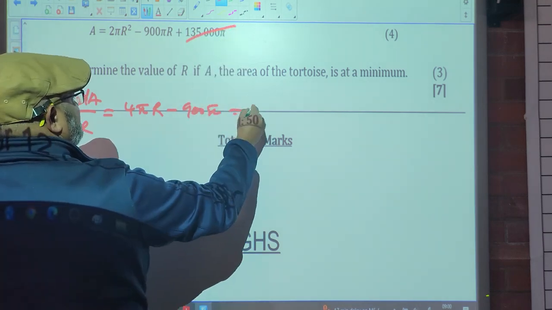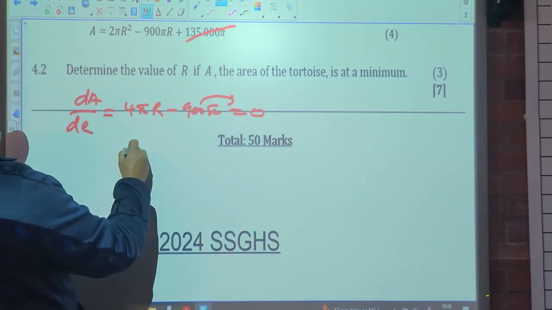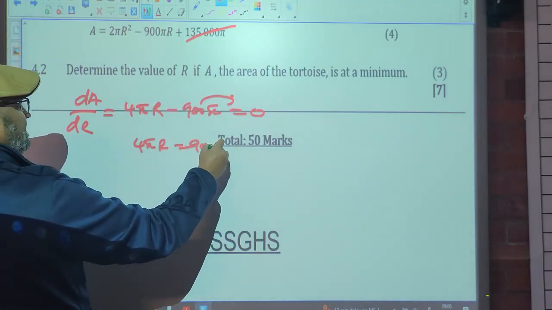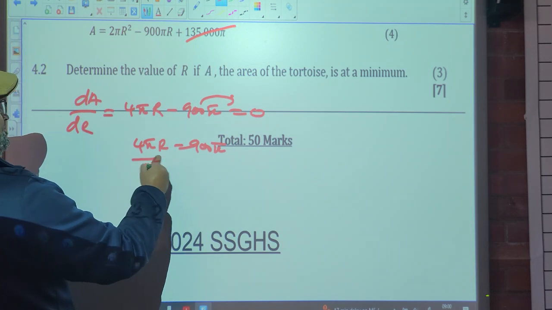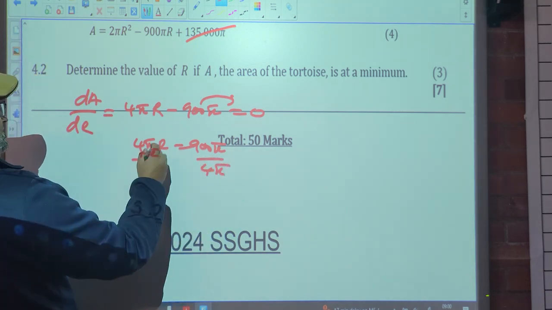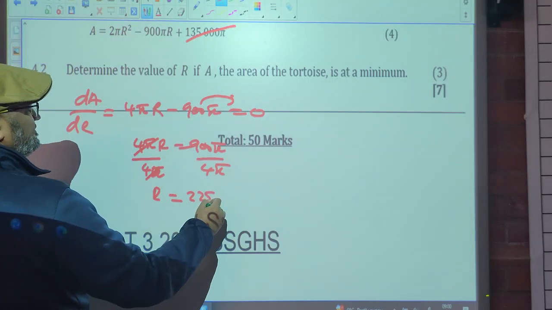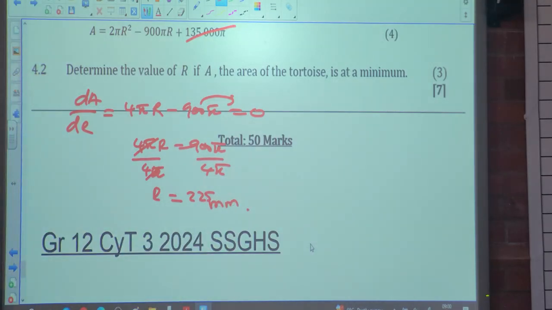That falls away, it's a constant, equal to 0. Take that over the equal sign, so it's going to be 4 pi R equals 900 pi, divided by 4 pi both sides. So R gives you an answer of 225. Is that correct? So that brings us to the end of our cycle test 3 2024. The question paper and memo can be found in the description box below.